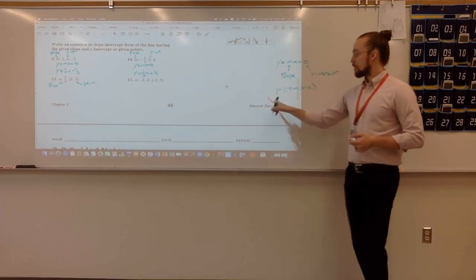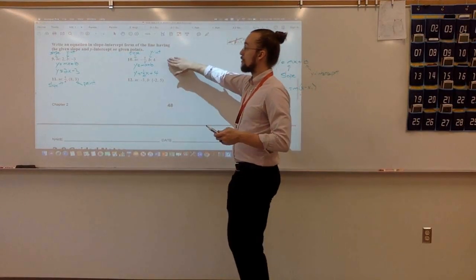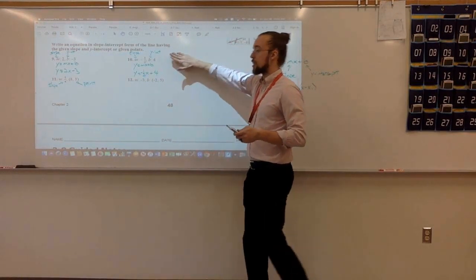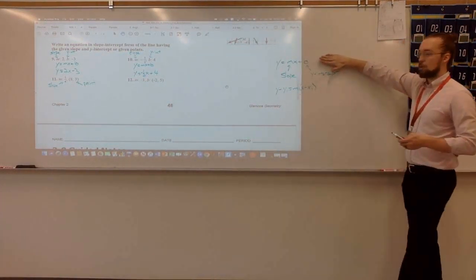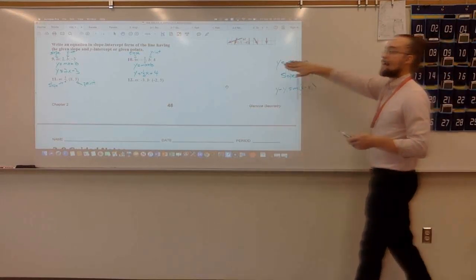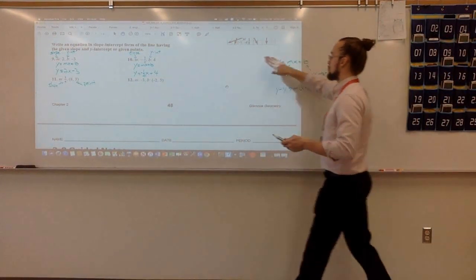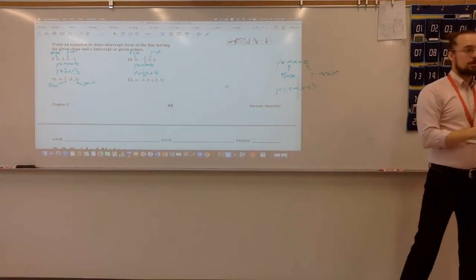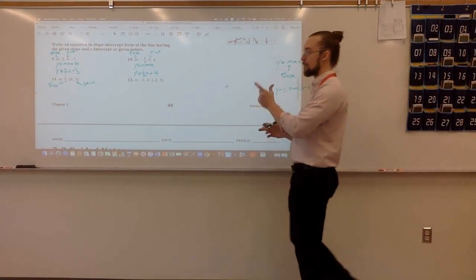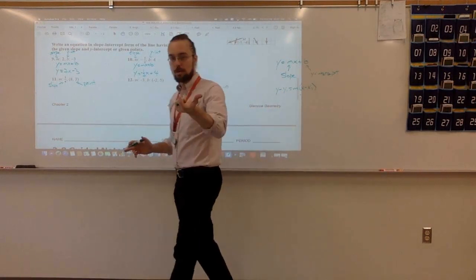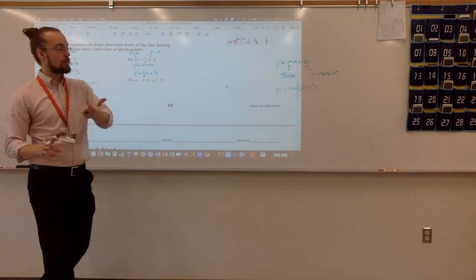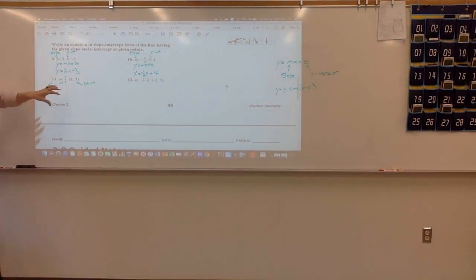So we have to look at the information we're given. If I'm given the slope and a y-intercept, I'm going to use slope-intercept form. If I'm given the slope and a point, we're going to use point-slope form. Hopefully that makes sense. If we're given the slope and an intercept, we use slope-intercept. If we're given the slope and a point, we use point-slope. So we write it down just as 3.